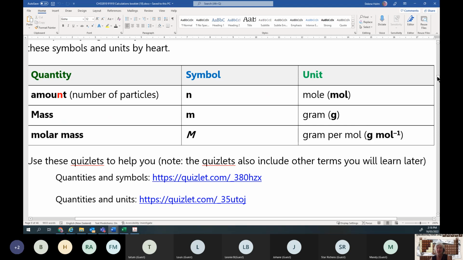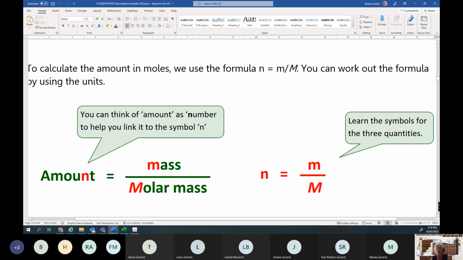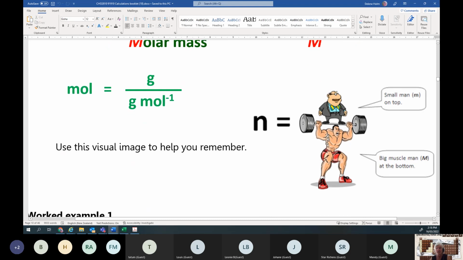And a way you can imagine these things is, I've got it like this. We're going to get to this formula soon, where the molar mass in our general formula is a great big muscle man. So, you know, MM, big one, so he's at the bottom, and the titchy little man is at the top. So m for little man.